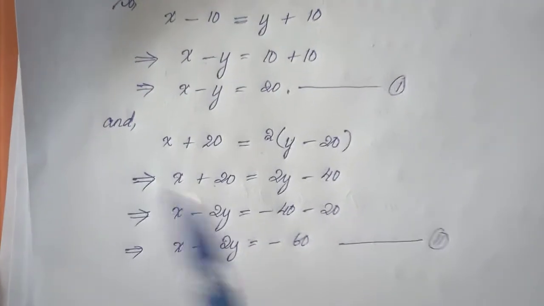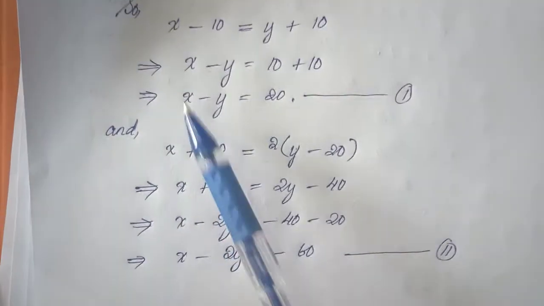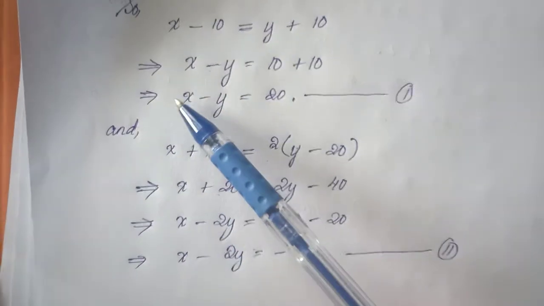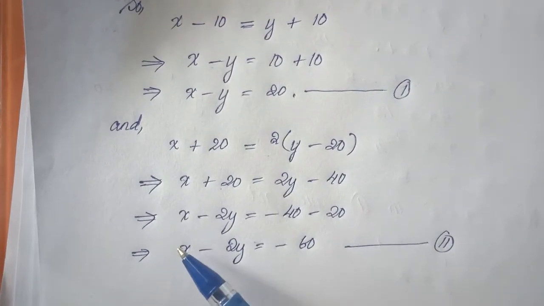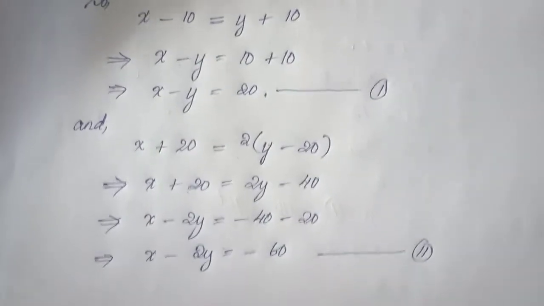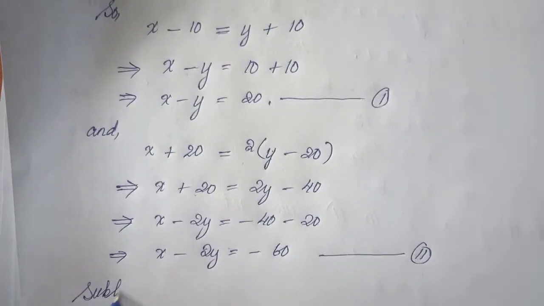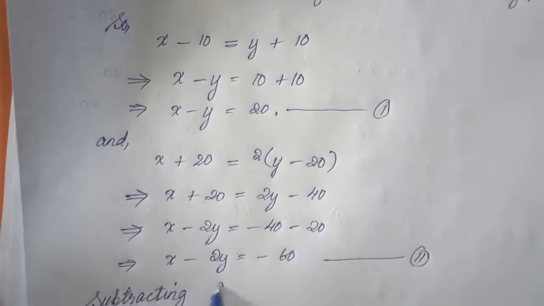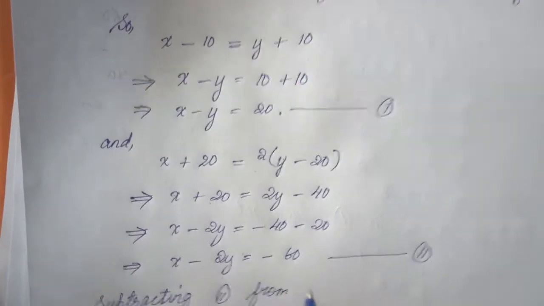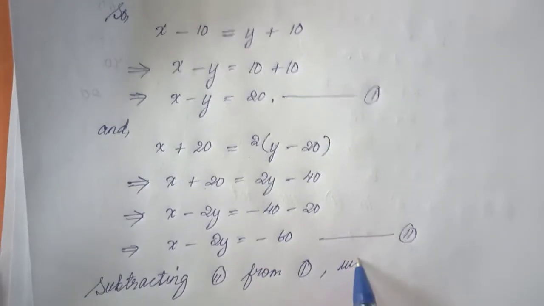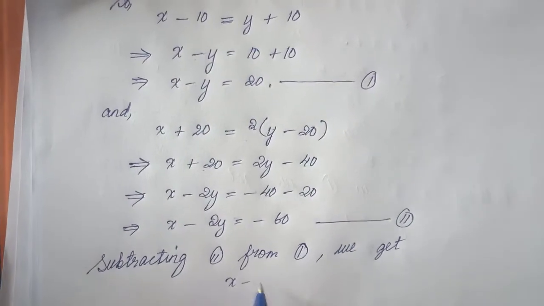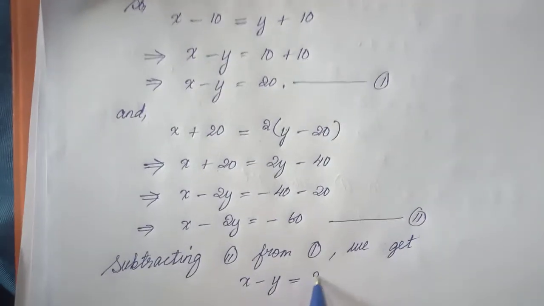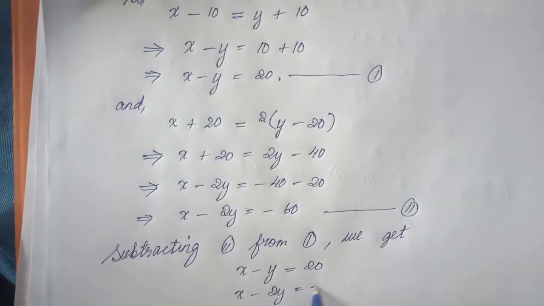So looking at equation 1 and 2, we have x in both equations and both are positive. That means I have to use subtraction. Subtracting equation 2 from 1 we get: equation 1 has x minus y equal to 20, and equation 2 has x minus 2y equal to minus 60.